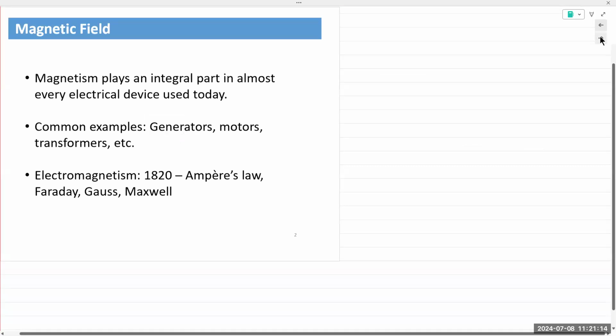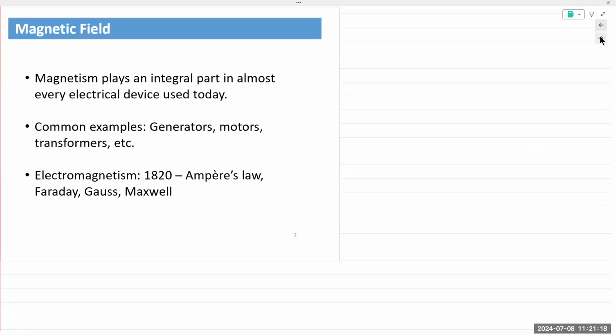So let's talk about inductors first. We'll talk about magnetic fields and why they are important. Magnetism plays a very important role in modern electronic devices. It has always played a very important role. It is highly integral to almost everything that we use today. Some of the most common examples are in AC power generation and transmission. Without electromagnetism, we would not be able to generate the electricity that we use in everyday life.